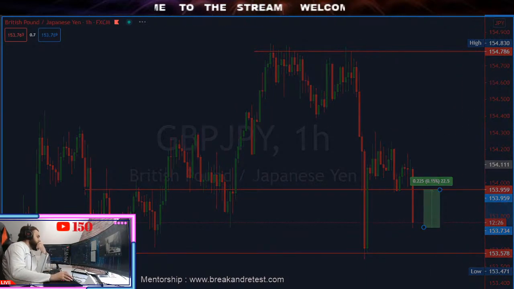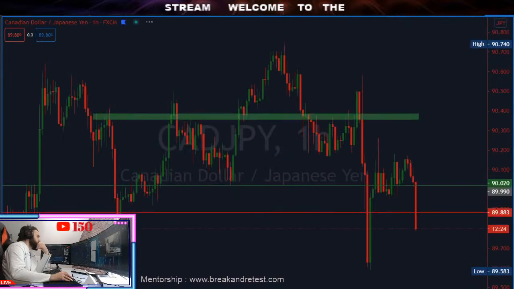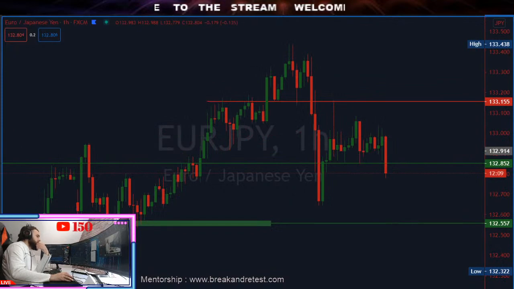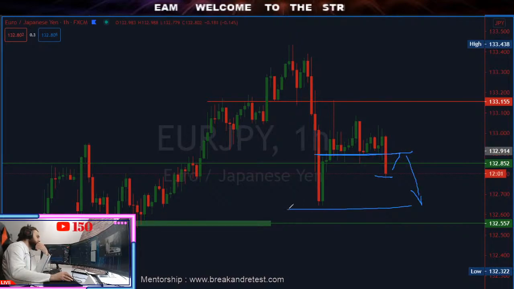I think Euro CAD is going to be my trade, unless it goes too far somewhere. Or EJ, but EJ needs to come a little lower. Even though I think EJ is still going to work out nice, even if it closes like this. Probably it's going to come here and then reject to the downside, fill this range here.